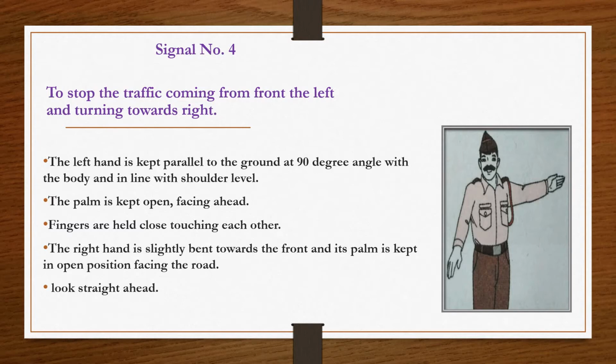The palm is kept open facing ahead. Fingers are held close touching each other. The right hand is slightly bent towards the front and its palm is kept in open position facing the road. Look straight ahead.